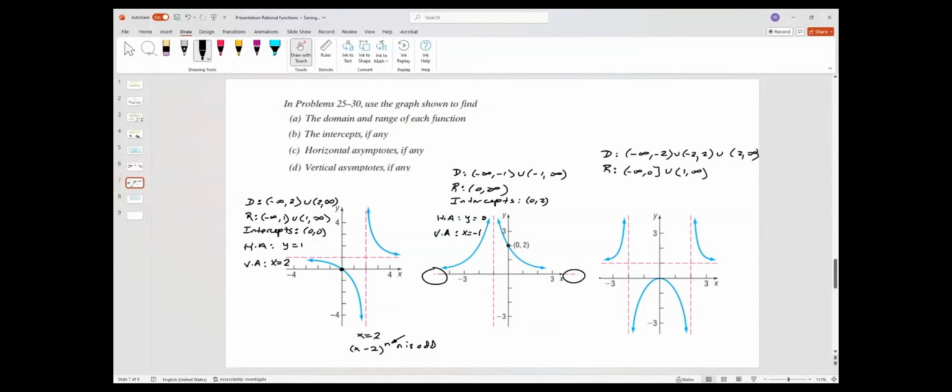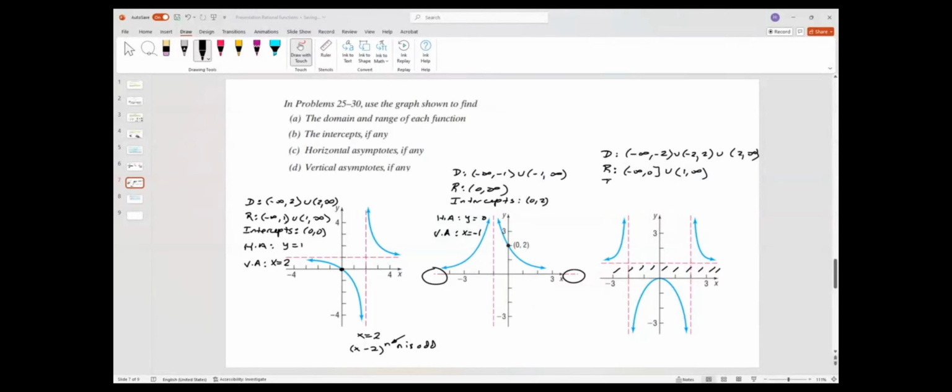So there is a gap between 0 and 1. All this region is a gap. We have no function in this gap, right? So you see how we don't include the gap in the range of the function. So from -infinity to 0, we include 0, so we put a bracket at 0. And then later from 1 to infinity.